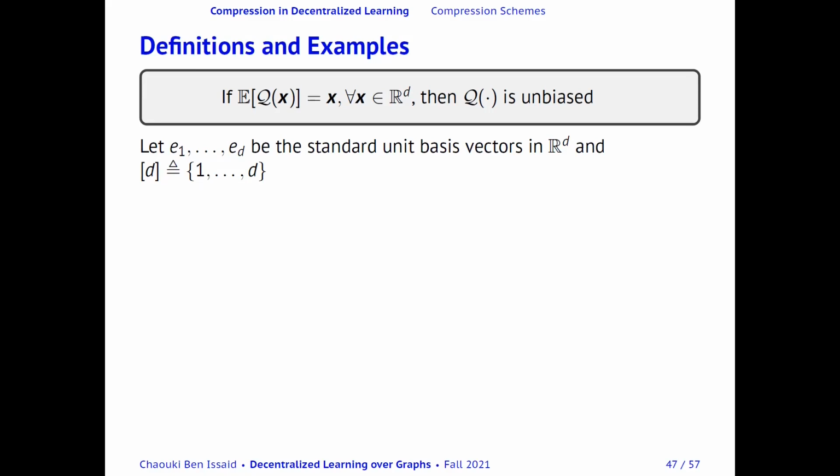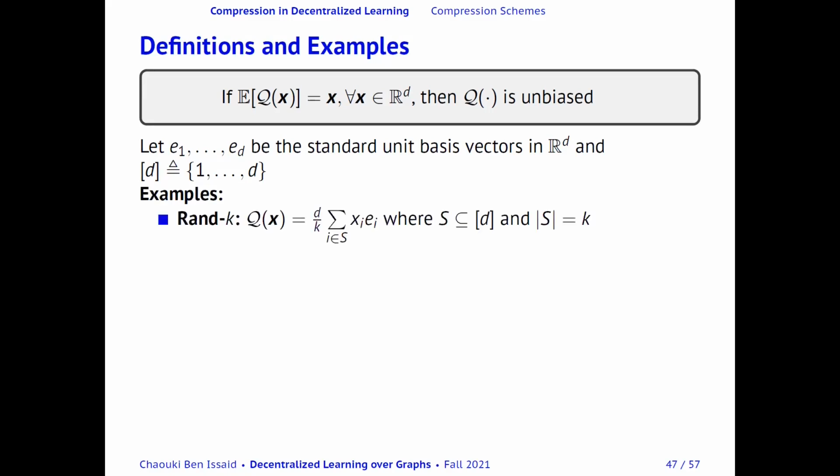Then some compression schemes are rand-k, which consists of randomly selecting k out of d coordinates, and top-k, which consists of selecting the k coordinates with the highest magnitude values. Note that both rand-k and top-k are sparsification methods.